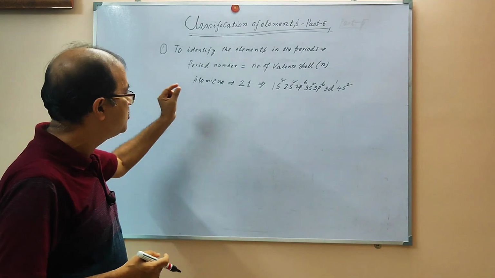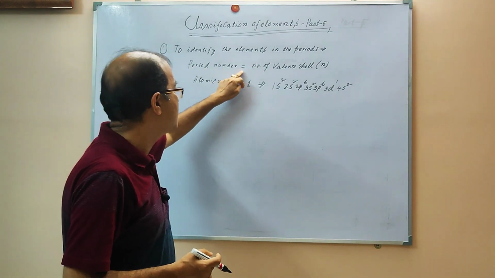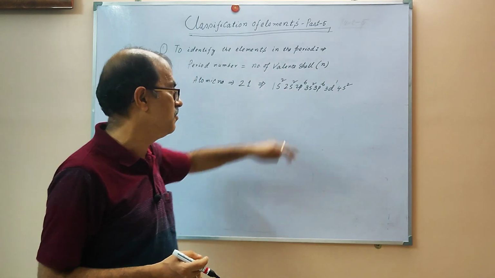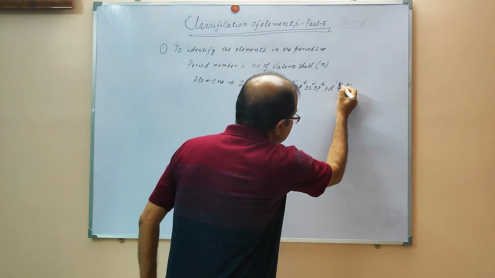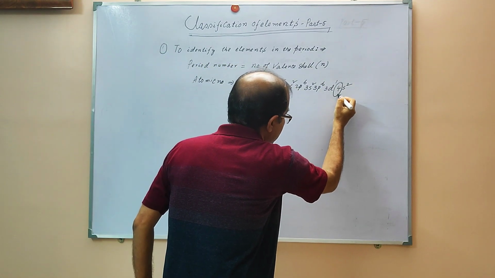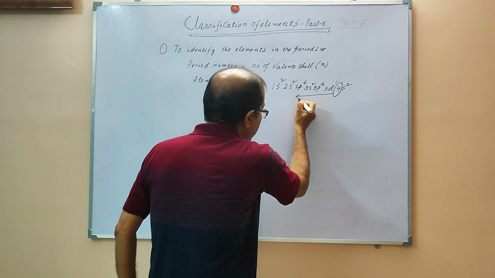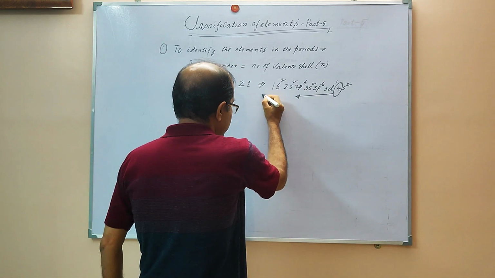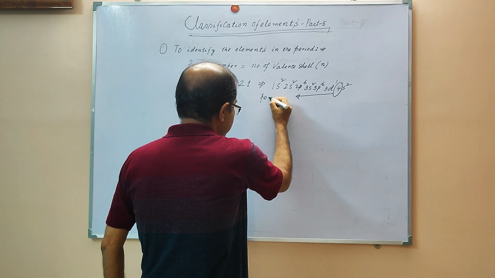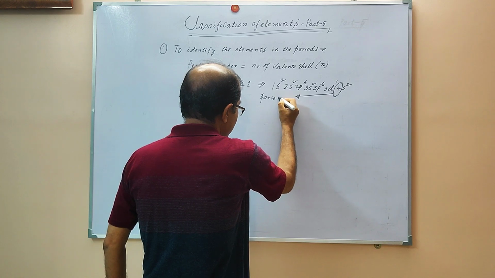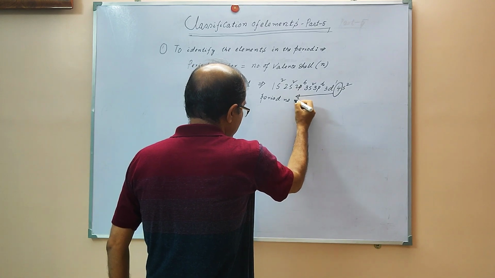So what will be its period? We know the period number is the number of the valence shell. What is the number of the valence shell? It is 4. So the period number is 4.